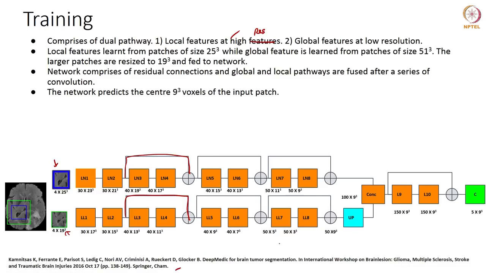Finally the lower pathway, which is the global feature pathway, is upsampled and concatenated, and then you have the usual fully convolutional layers, which lead to an output of size 9 cubed. So, you are taking a very large context, which is typically 25 cubed, and you are predicting 9 cubed out of it. Of course, there are 5 classes, so you have 5 cross 9 cubed outputs, each giving the probability of that particular class.